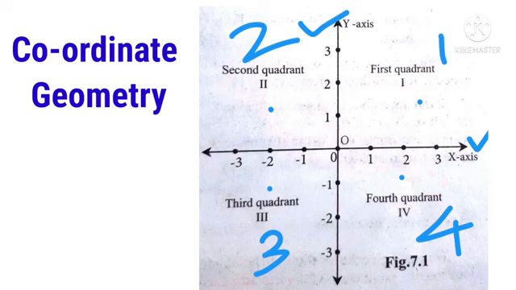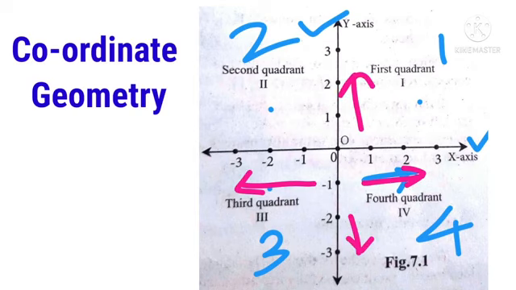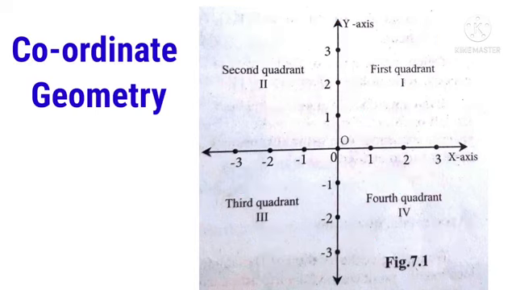You know, on the x-axis on the right there are positive numbers, on the left-hand side there are negative numbers. On the y-axis, upward there are positive numbers and downward negative numbers. These are the basic concepts in coordinate geometry: x, y axis, and the four quadrants.